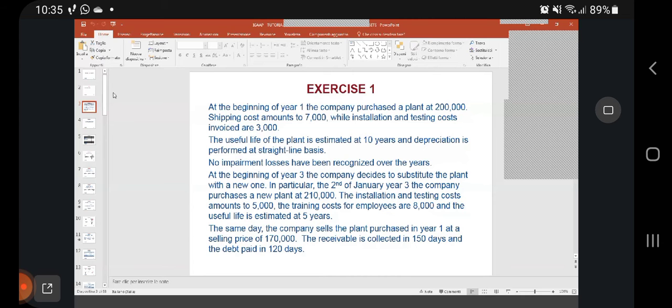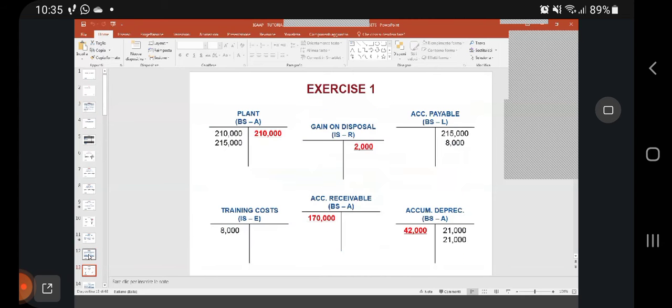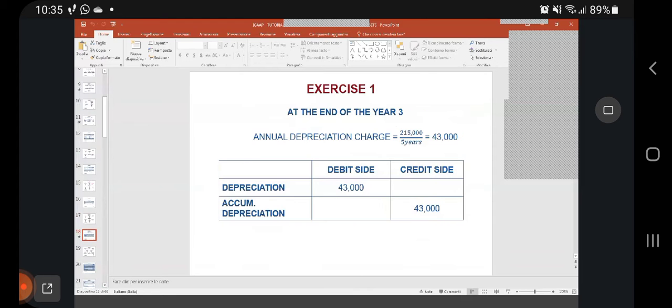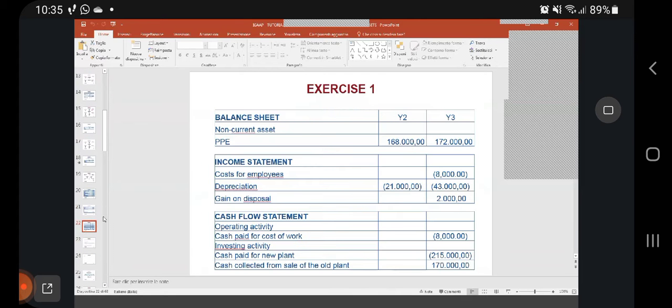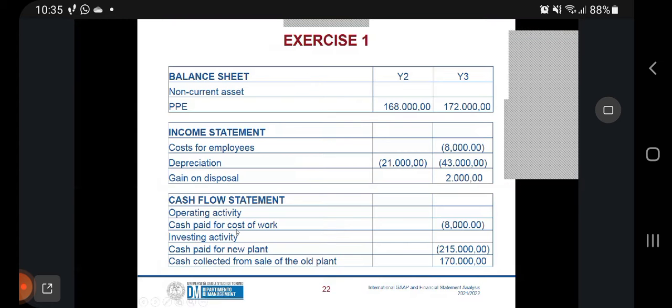There is a missing outflow in the cash flow statement for the second year because the company during the second year purchased the old plant, where you will find the outflow of cash in investing activity for the payment of the old plant for 210, if I well remember. You're right. Any other question?